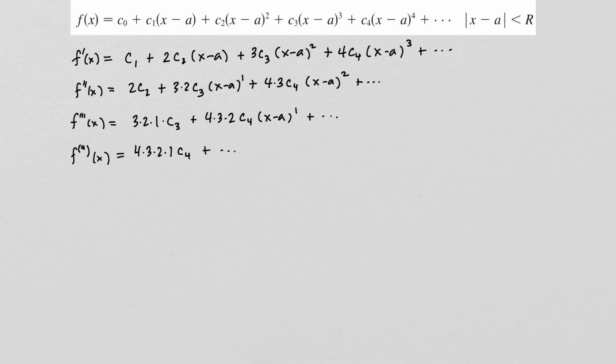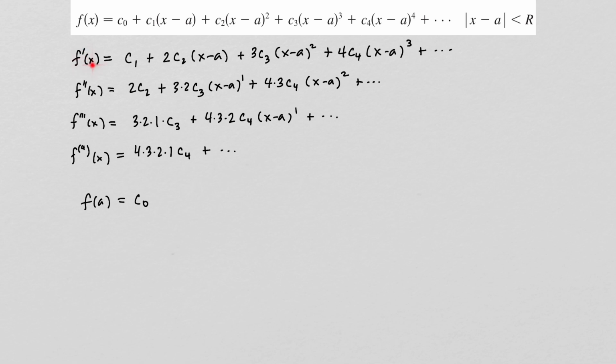So what happens if you plug the number a into the function f of x and all of the derivatives shown here? We know that f of a is going to be c0. And this is because when you plug an a into all of these terms, a minus a is going to be 0, and so all of these terms cancel out.